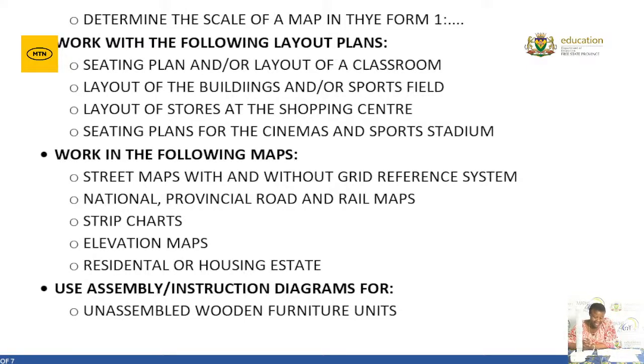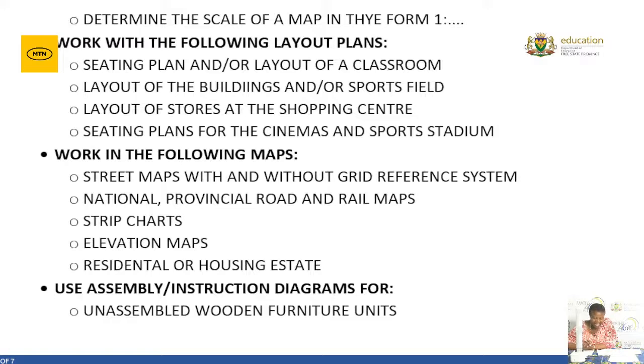The strip chart is where you are traveling from Bloemfontein to Cape Town. Let's say when you travel from Bloemfontein to Cape Town, you travel 779 kilometers. So you must be able to indicate on the strip chart where the beginning of the journey is and where your journey ends.